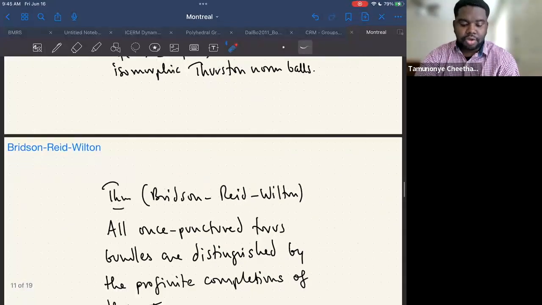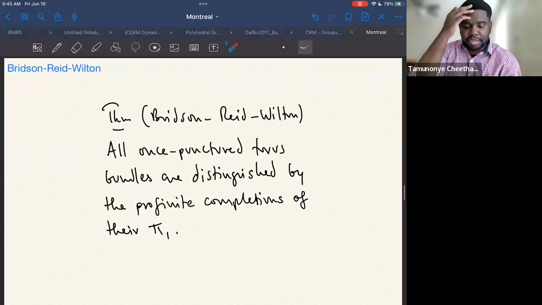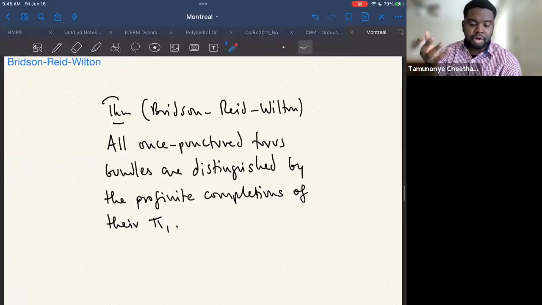Okay, so we've also heard mentioned that all once-punctured torus bundles, this result of Bridson, Reid, and Wilton, are distinguished by the profinite completions of their fundamental group.